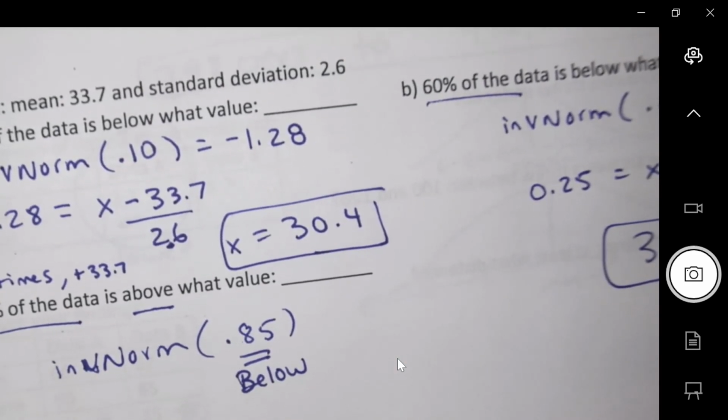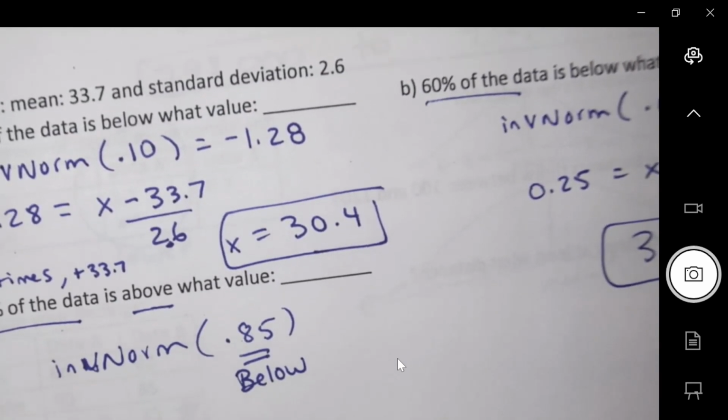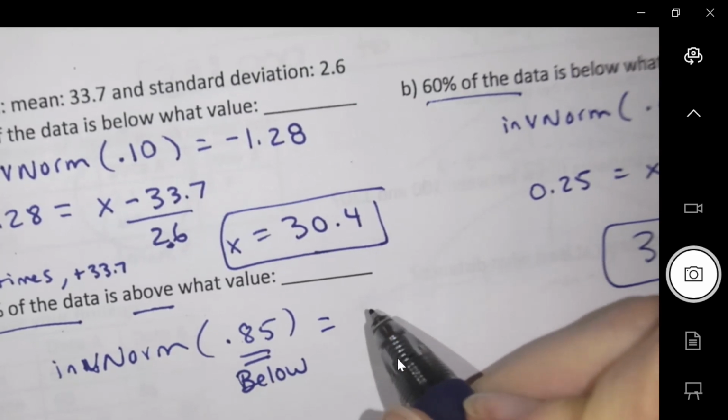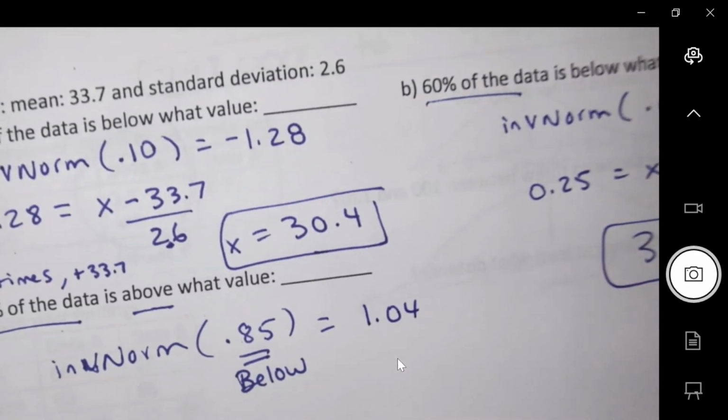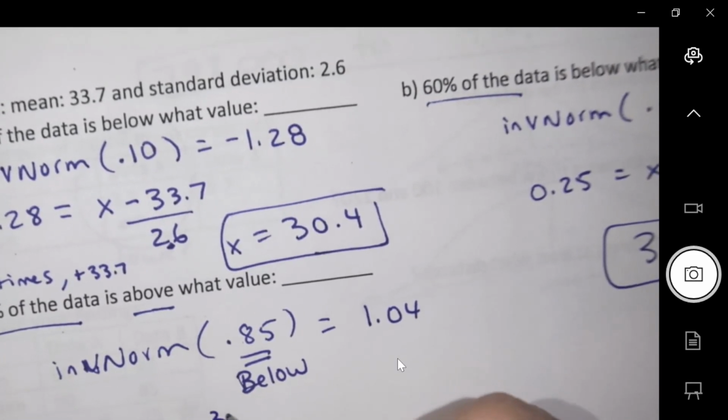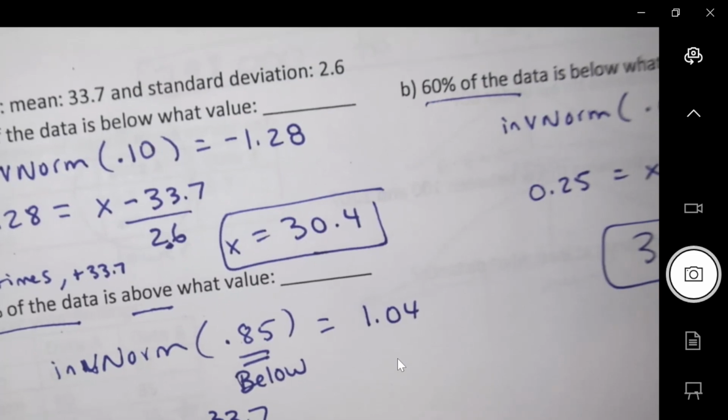If you forget, you need to understand to flip the signs. If you forgot and you would have typed 0.15, your Z score would have been negative 1.04. Okay, and then you can flip it. So again, that comes from asking yourself at the end if your number makes sense to you.